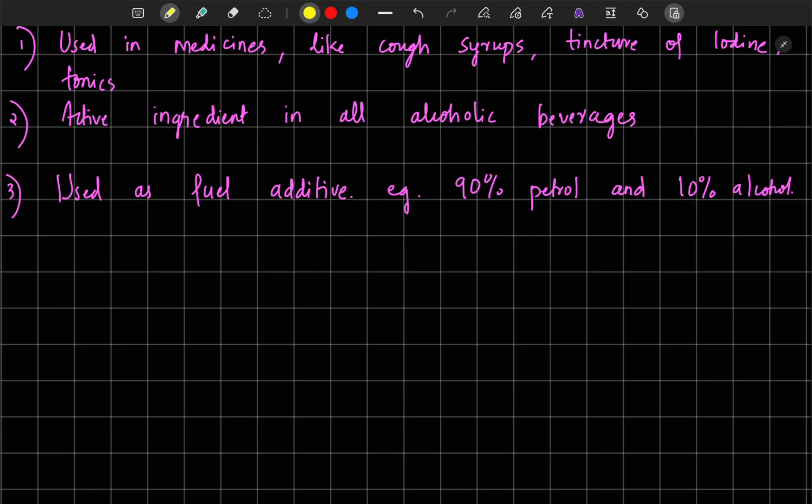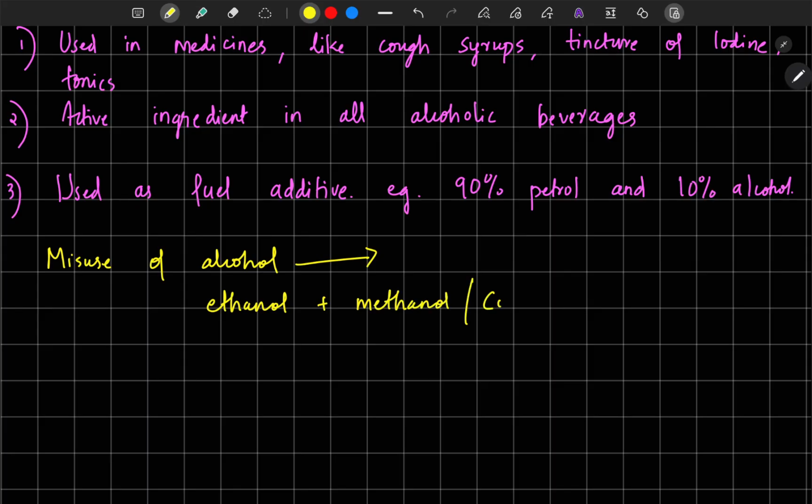In order to prevent the misuse of alcohol, ethanol is mixed with methanol or copper sulfate, etc. They add these to make the mixture not suitable for drinking.